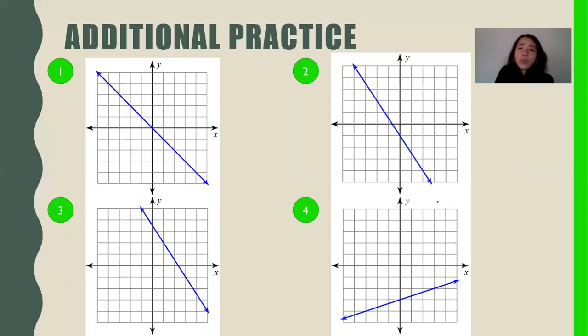These are just a few additional problems you can practice. If you are watching at home, go ahead and give these problems a try.